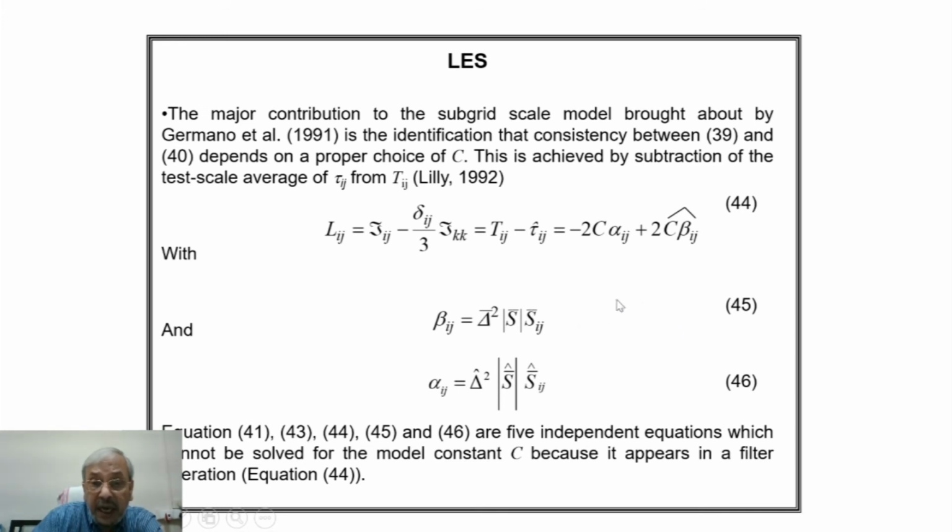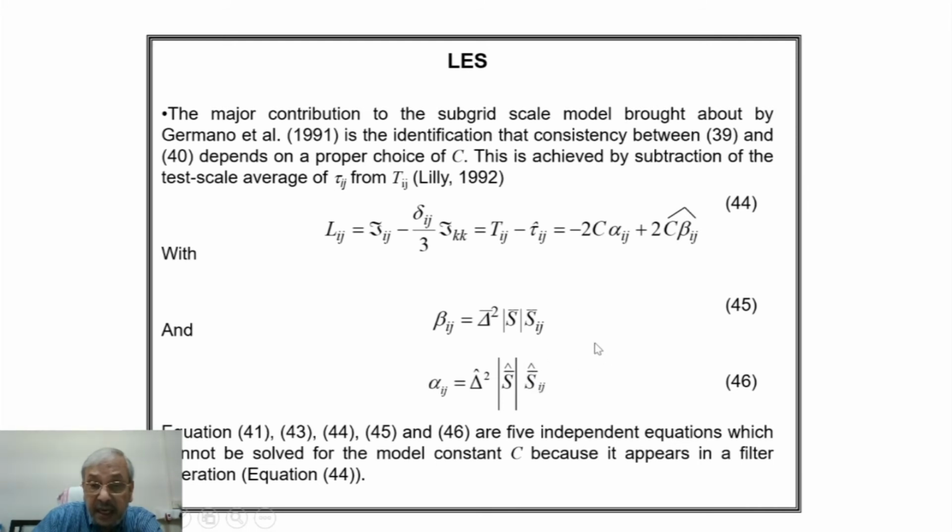Ui and uj are grid level velocities, and alpha is again delta square, but this delta is added with a circumflex. That means test level grid representative, multiplied by modulus of S circumflex into Sij bar circumflex.